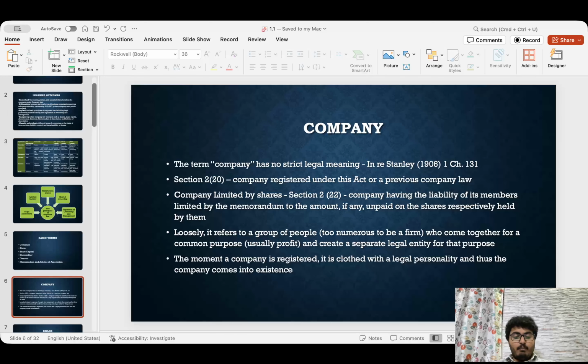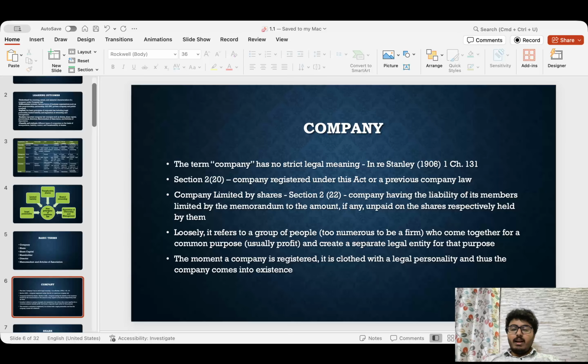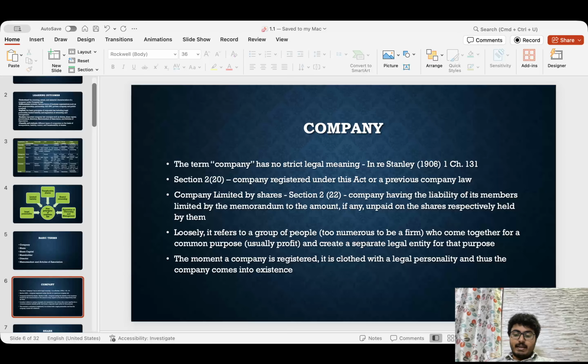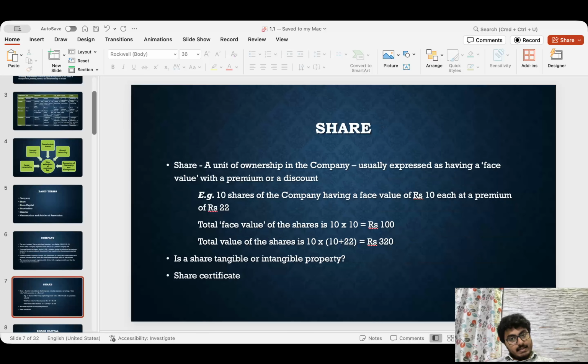So the company is a legal personality; anyone can sue the company, and the company will be liable for the case, not the owner, because the owner and the company have separate legal identities.